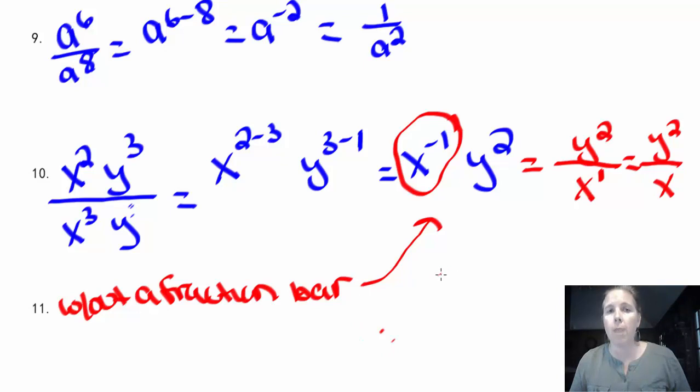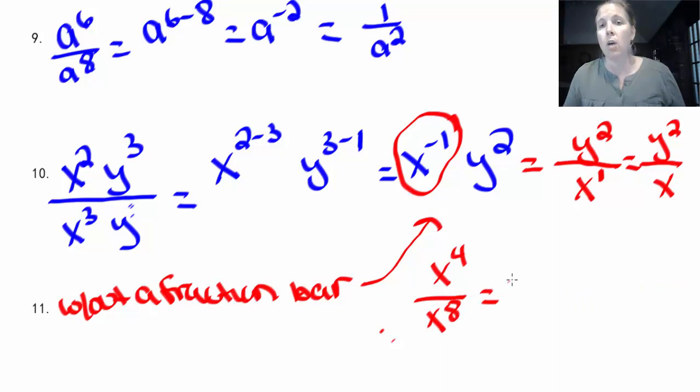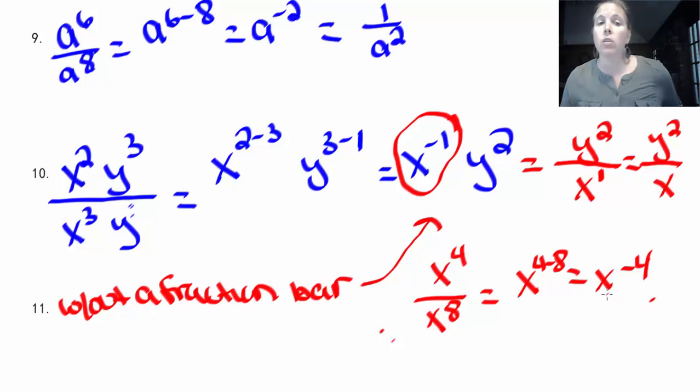Your problem might be this, let me just make one up: x to the 4th over x to the 8th. So x to the 4 minus 8, x to the negative 4th. This would be your answer without a fraction bar. If it says to simplify it all the way or to use a fraction bar, then that's when you would flip it over and make it 1 over x to the 4th.